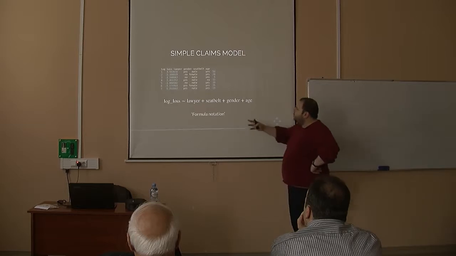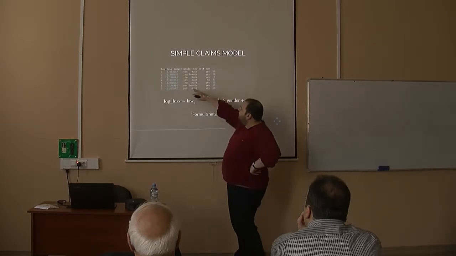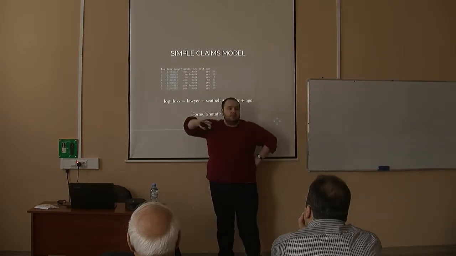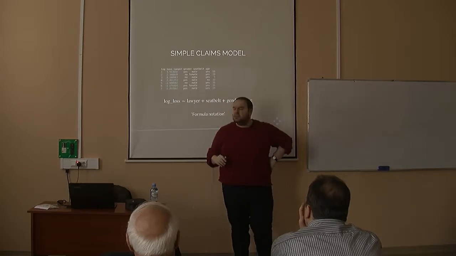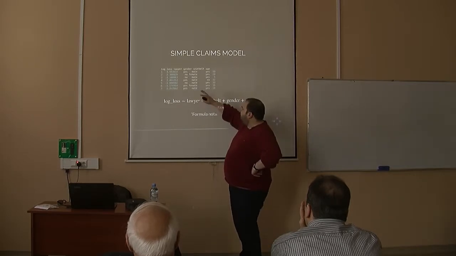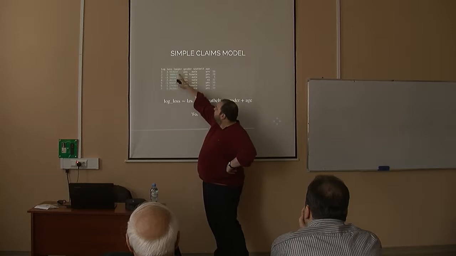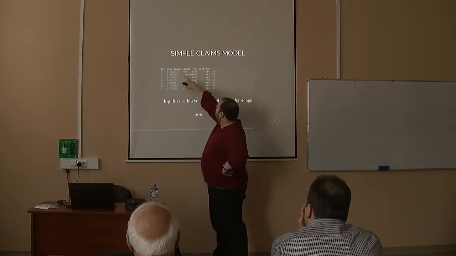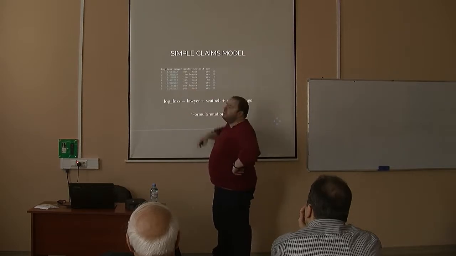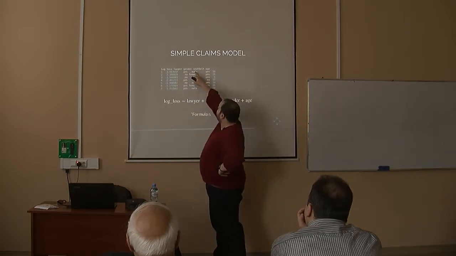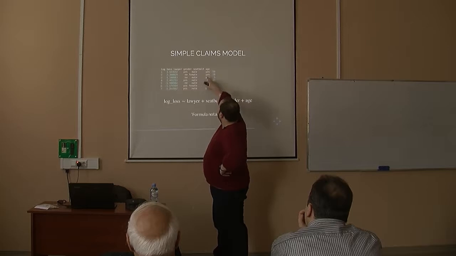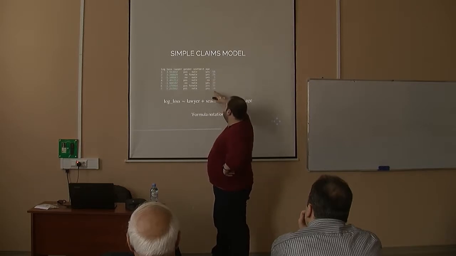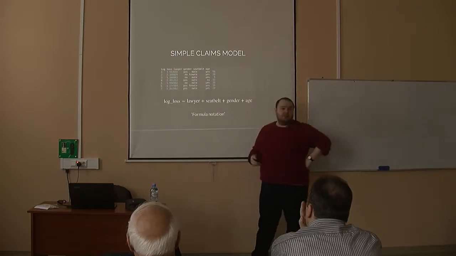What we've got is a bunch of data for claims, claims that were made on some policies, I think in the US. There are a few features: whether or not the person had hired a lawyer, whether the person was male or female, whether or not they wore a seatbelt, and what age they were. Those are our input features.